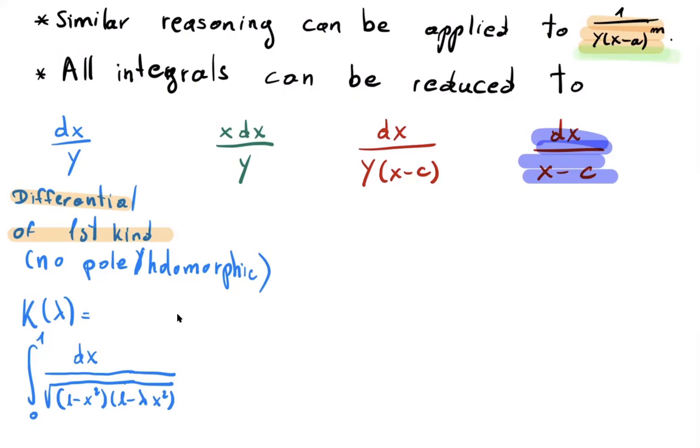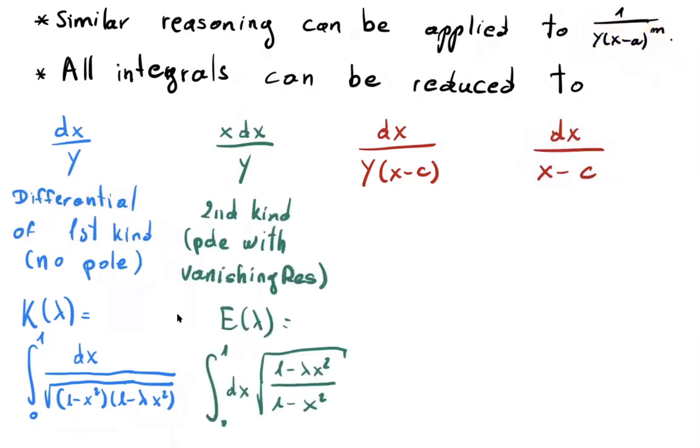Then you also get integrals of this, x dx over y. This is what is called the differential of the second kind. Now you can show that this differential has a pole, in this case at infinity, but the residue of that pole is 0.